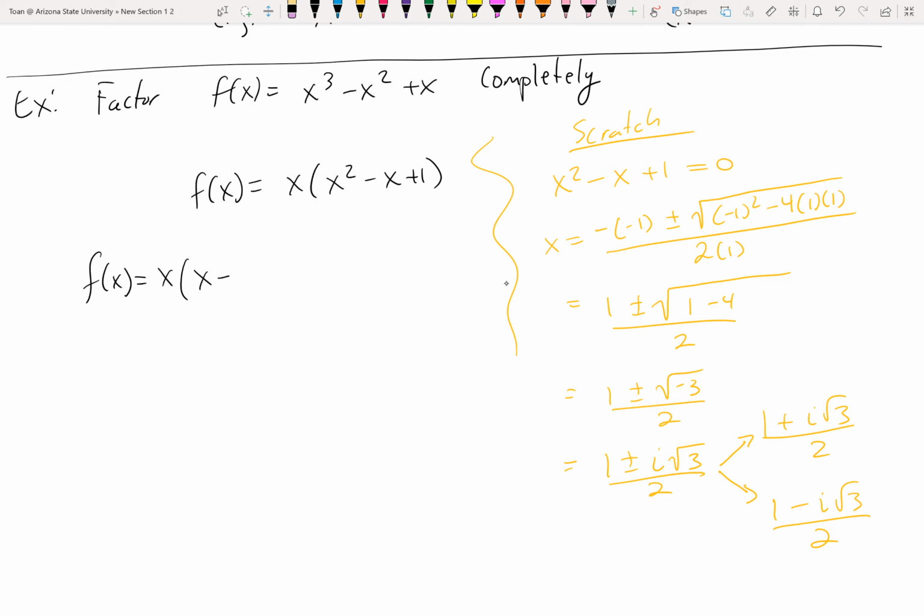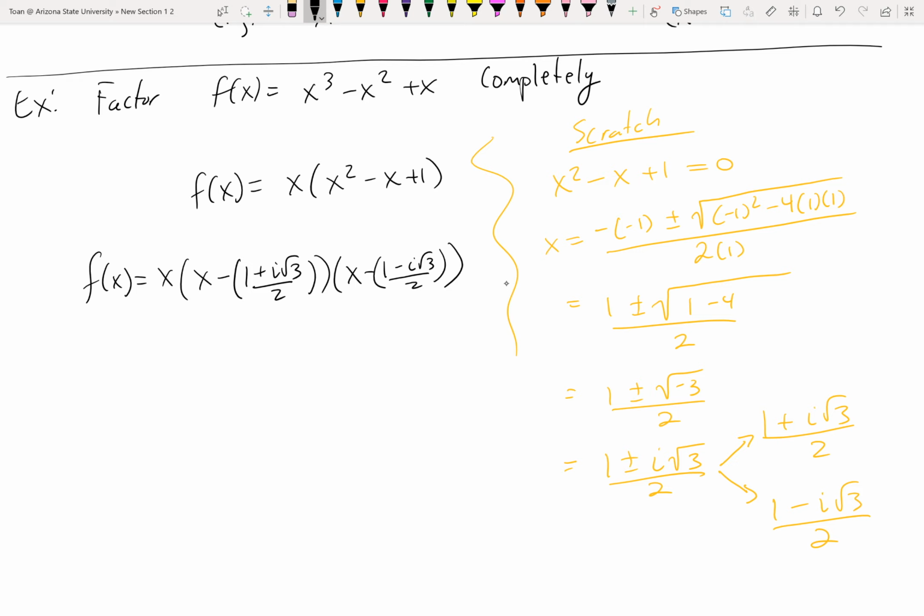So you literally just write what the answer is. I'm going to put it in parentheses though. 1 plus i radical 3 over 2 times x minus the other answer, 1 minus i radical 3 over 2. Now, believe it or not, as ugly as it looks, that is factored.